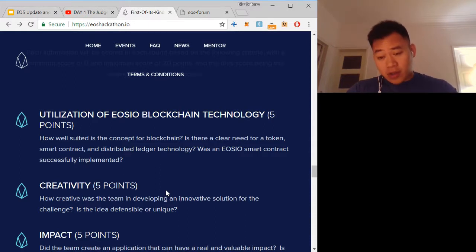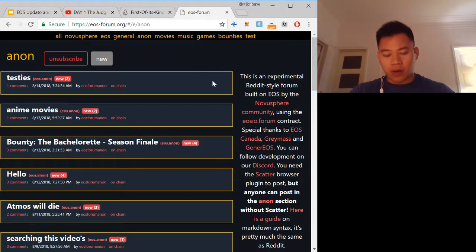So there are a lot of ways to look at this. The challenge, it could be a very technical, creative solution like Novosphere, and I have the tab here. They created a website. They're trying to get people using a forum style decentralized application.